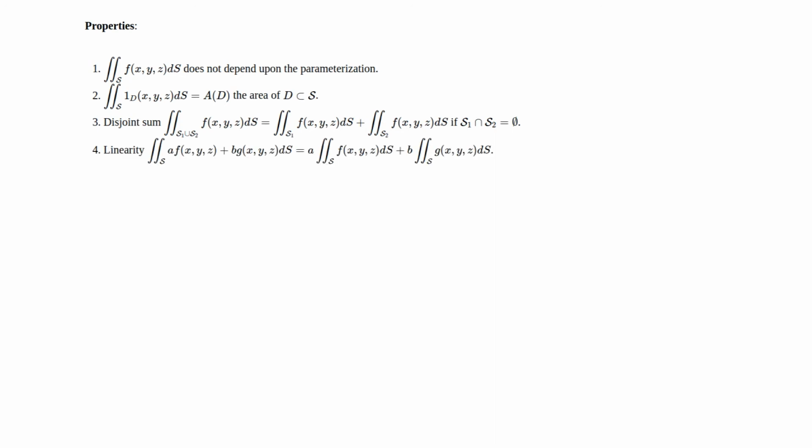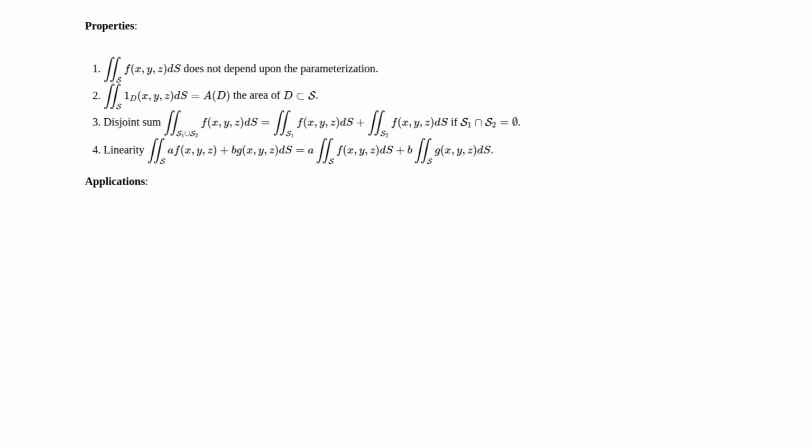And linearity, which is now about the functions, also holds, and it says the surface integral of a linear combination is the linear combination of the surface integrals. So in this last property, the surface is fixed. So it's one script S on both the left and right sides.